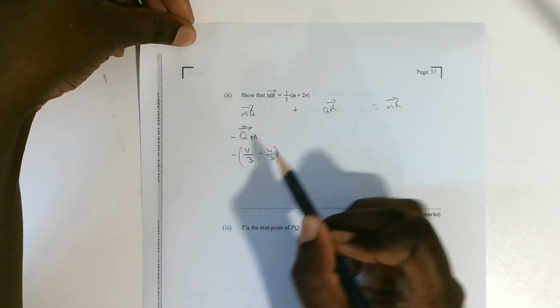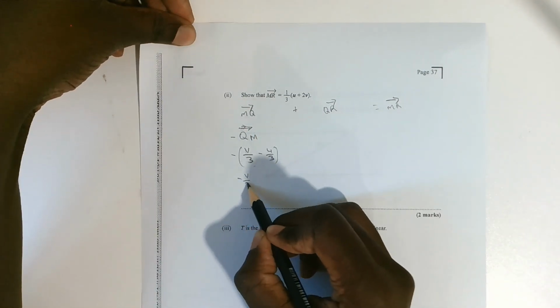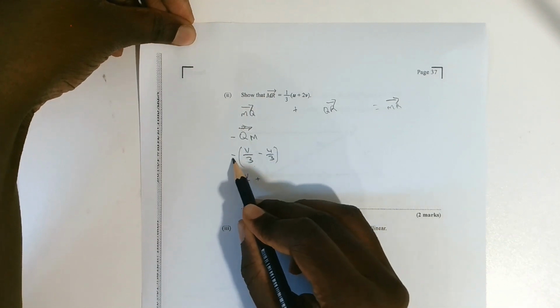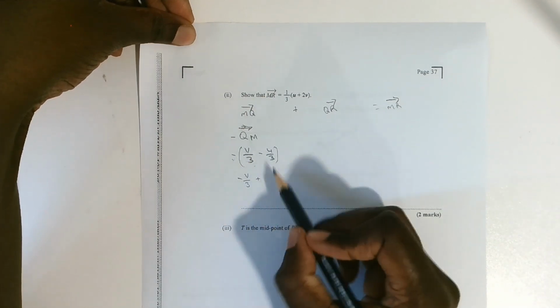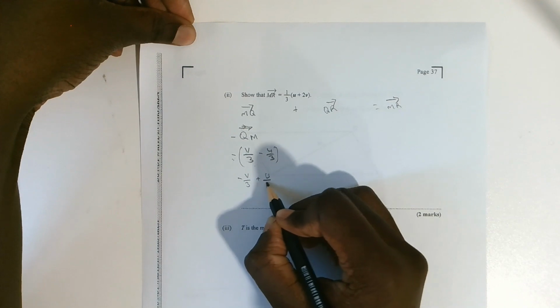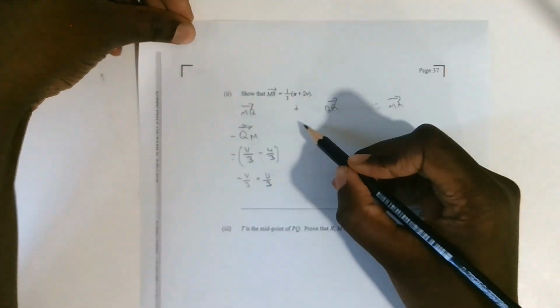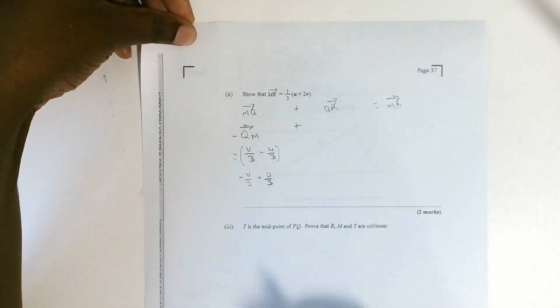And since our negative is multiplying everything in the bracket, we'll have minus V over 3, and a minus and a minus gives us a positive, so plus U over 3.